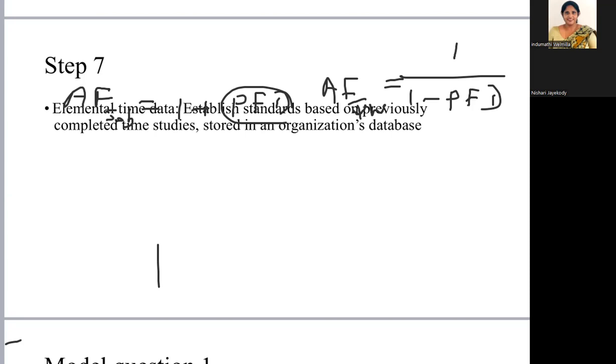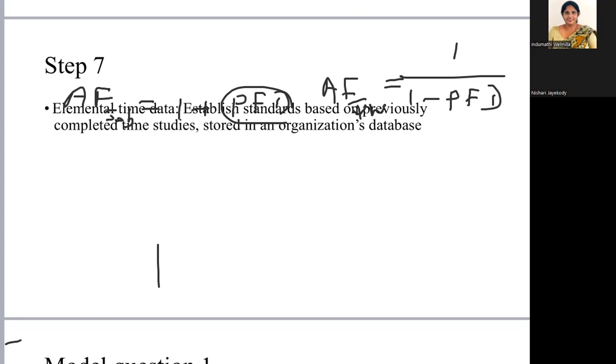Because when a company pays workers based on their production, number of output, they have to calculate the per day output of each worker.